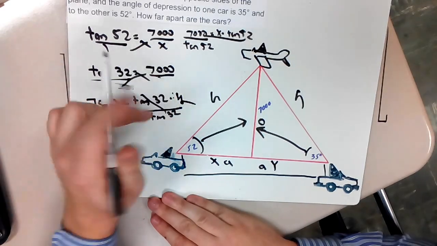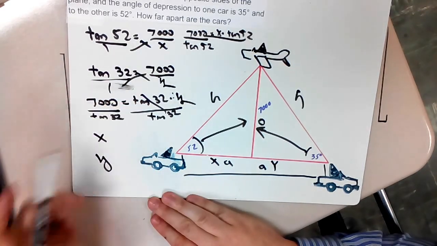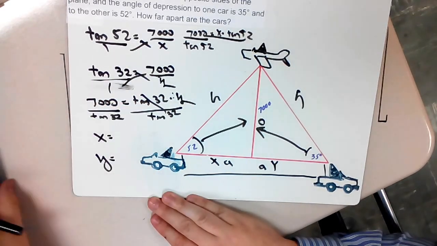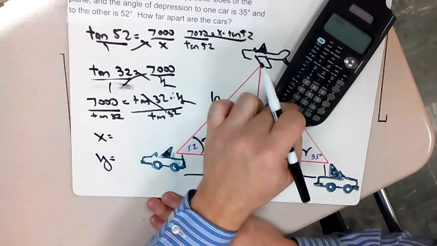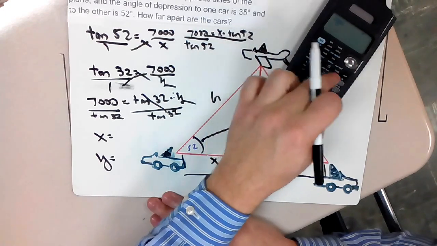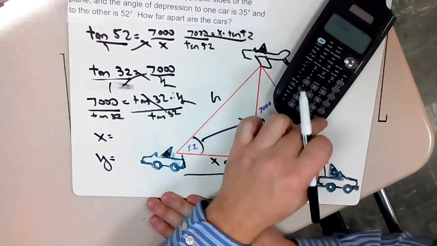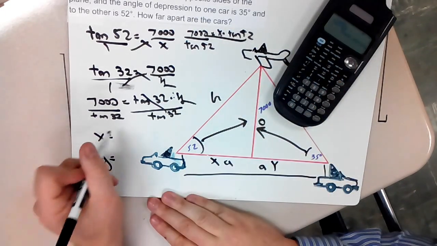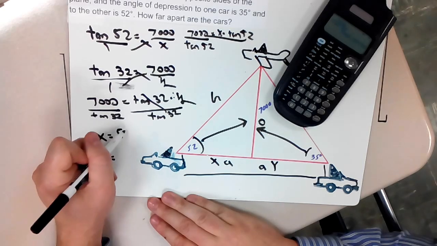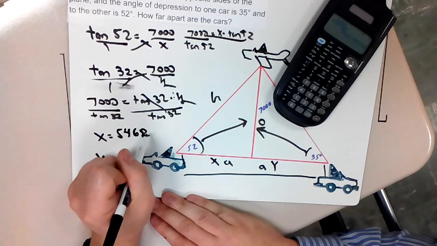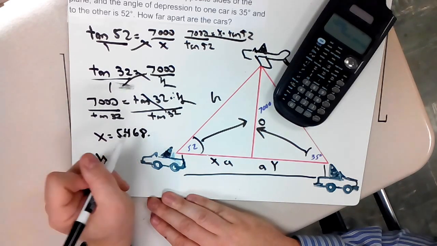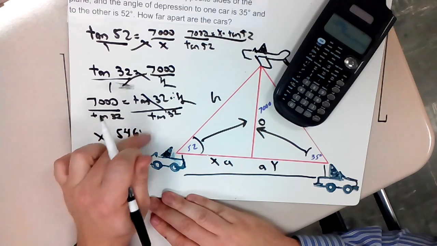Okay, there we go. Alrighty, so now I have 7,000 divided by tangent 52, and that gives me 5,468 point really 999, so I'm just going to make that 5469.